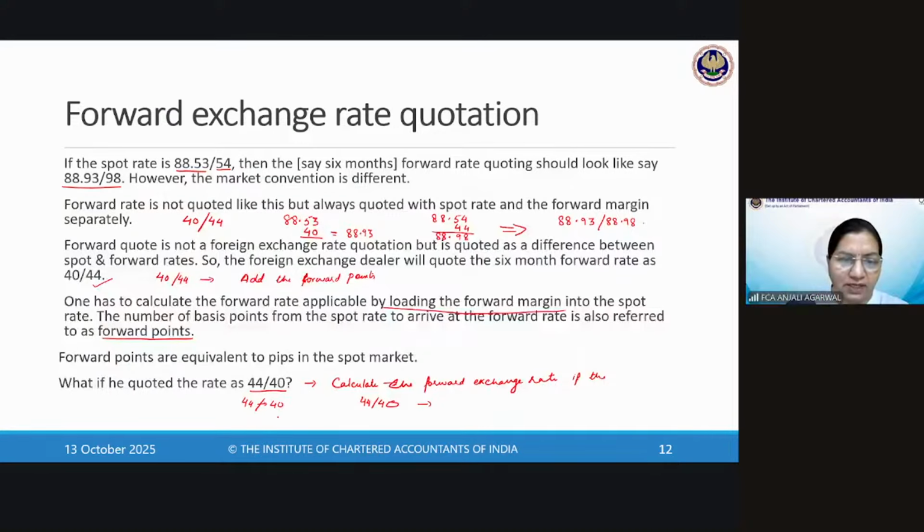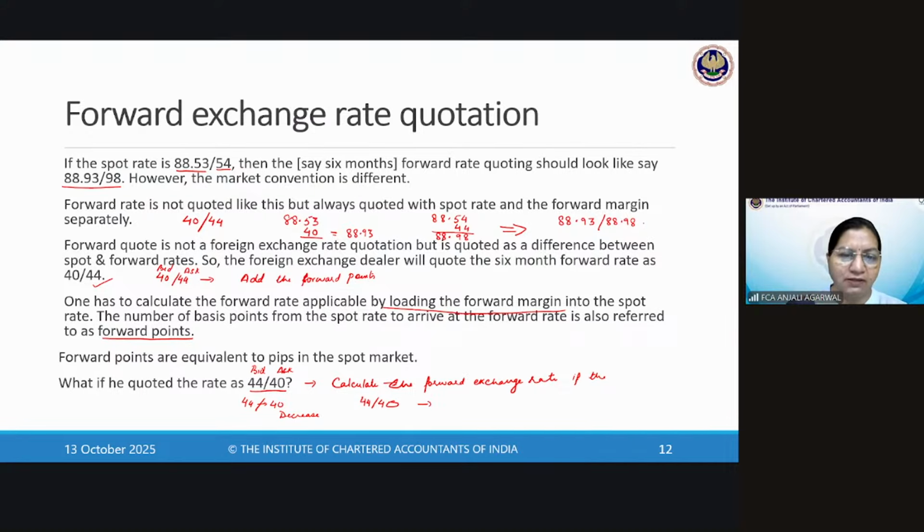So when you see a decrease in the forward points in bid and ask, here in bid, how much was the forward point? 40. In ask, how much was the forward point? 44. So when the forward points in ask is more than the bid, it means that the spot rate is increasing and you have to add the forward points.